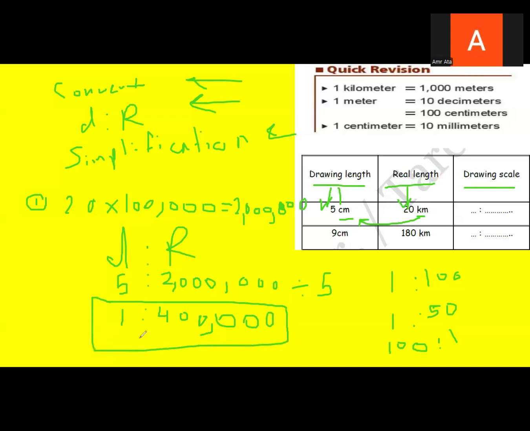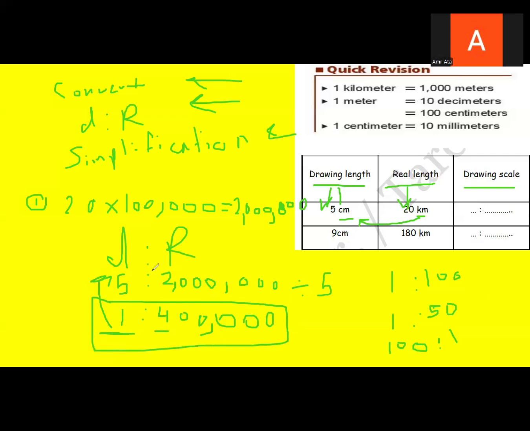What is the meaning of the scale drawing 1 to 400,000? It means each centimeter in draw represents 4 kilometer or 400,000 centimeter.